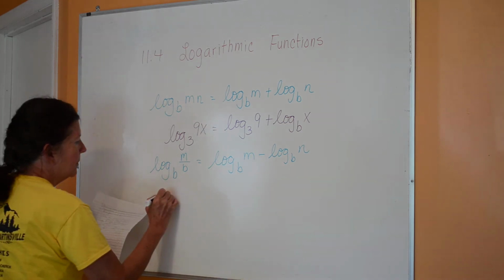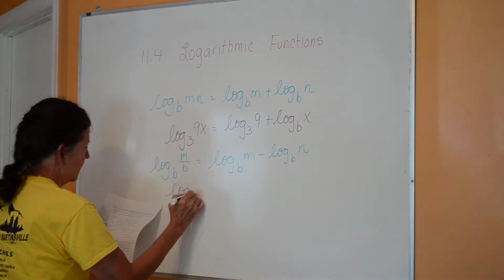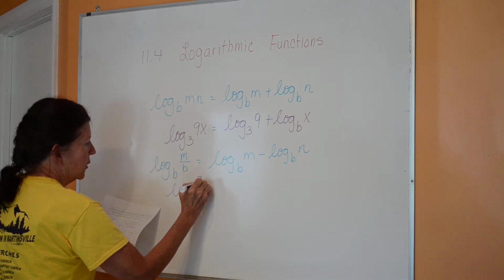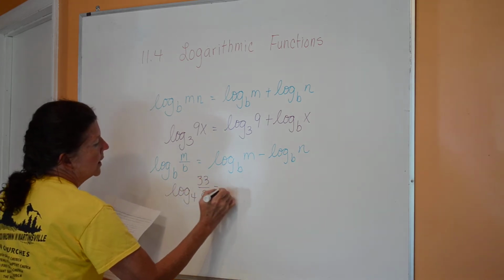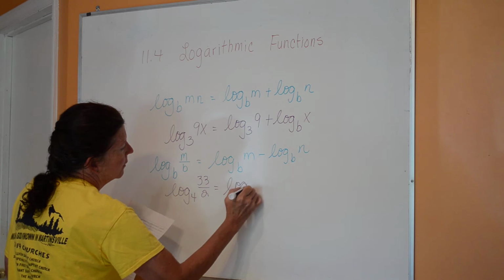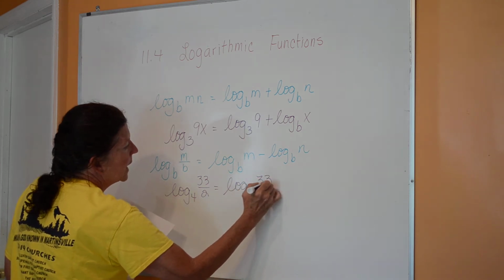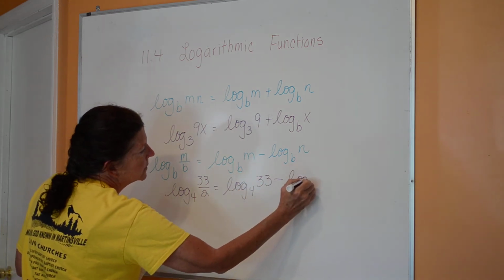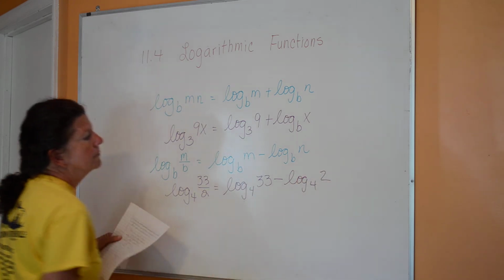An example might be log of base 4 of 33 over 2 can be written as the log of base 4 of 33 minus the log of base 4 of 2. Okay.